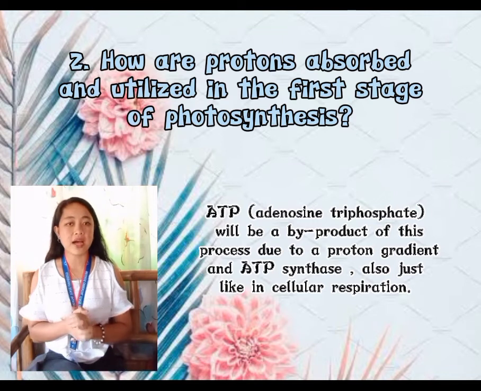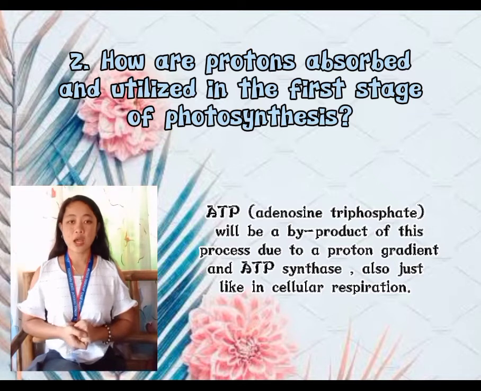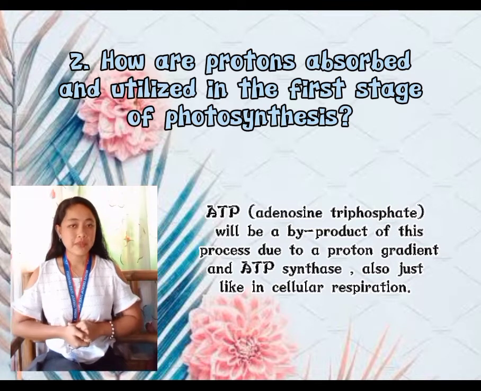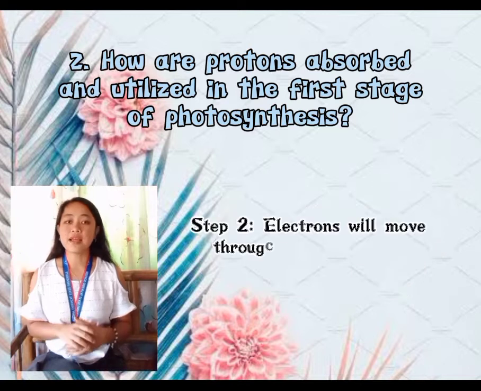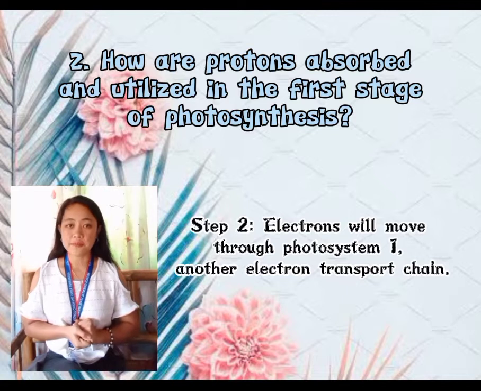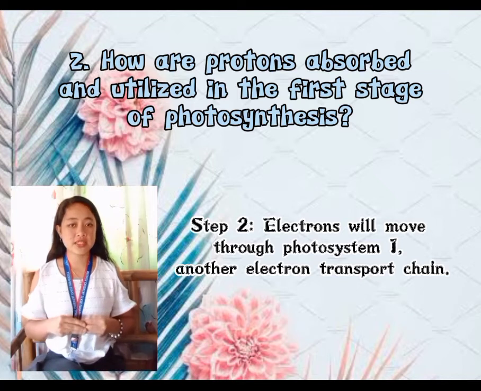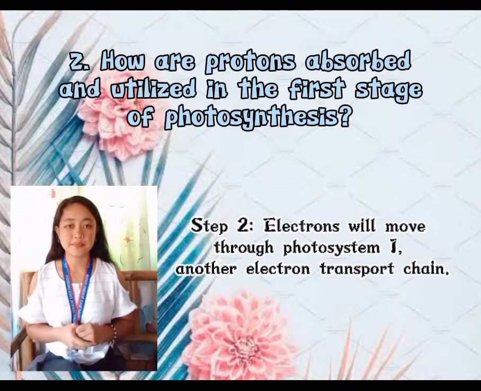ATP synthase is an enzyme localized in the thylakoid membrane of chloroplasts, where it catalyzes the synthesis of ATP from ADP and inorganic phosphate. So in step 2, electrons will move through photosystem 1, another electron transport chain, but instead of producing ATP, photosystem I will result in the conversion of nicotinamide adenine dinucleotide phosphate.